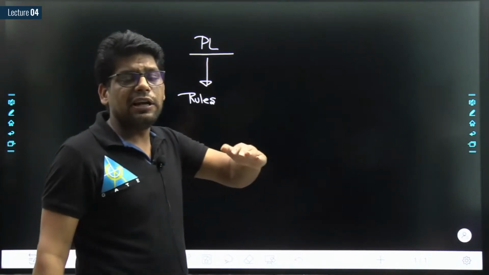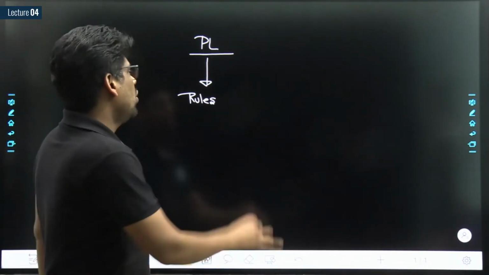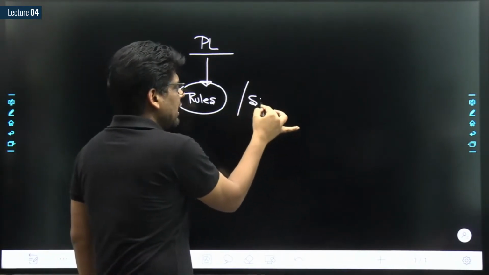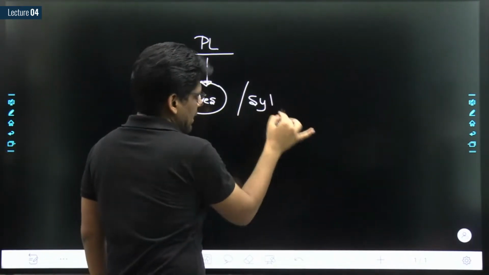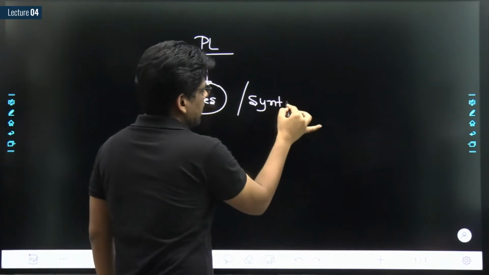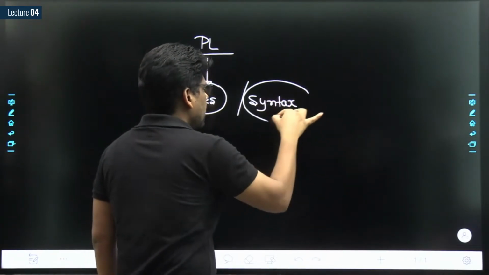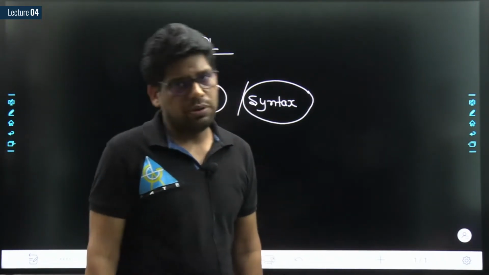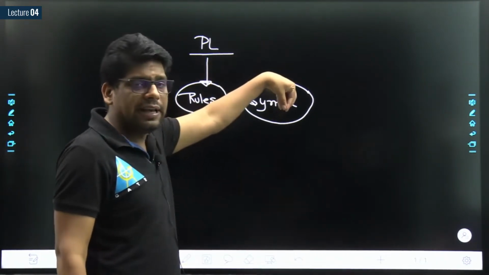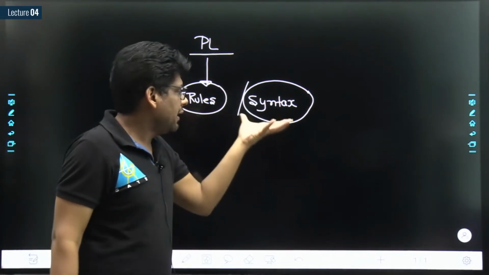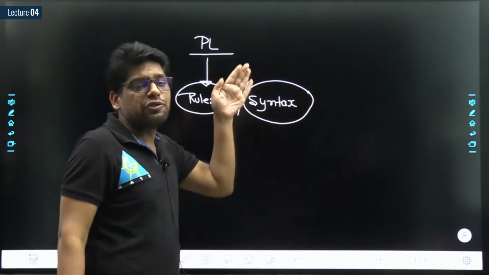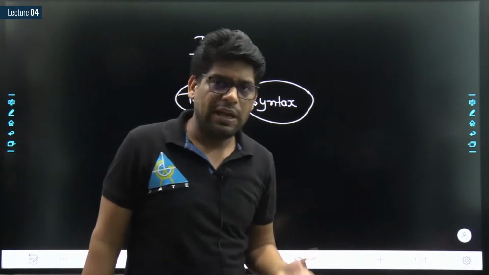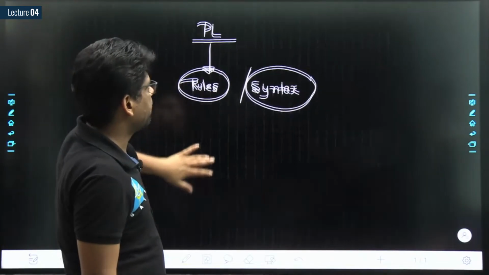So, learning a programming language means learning all the rules, learning the syntax of a particular language. Once you learn the syntax, once you become an expert in the syntax of a programming language, you are ready to write programs. I hope you got the point.